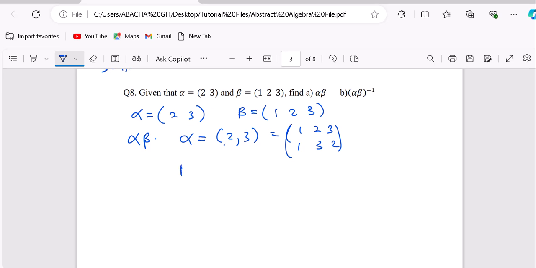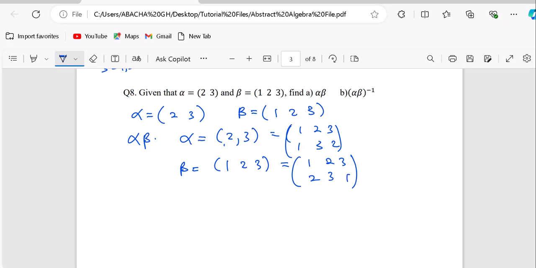Now the element for beta, which is (1, 2, 3). Of course, the top elements are always 1, 2, 3. But if you look at this, 1 goes to 2, and 2 goes to 3, and 3 goes to 1.